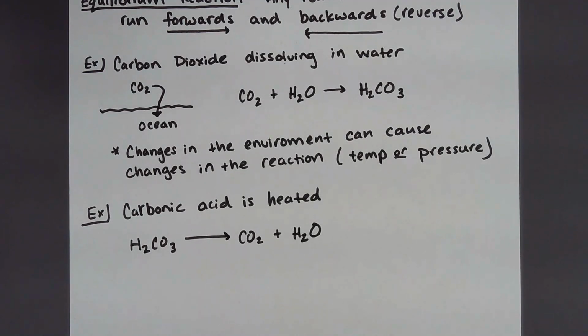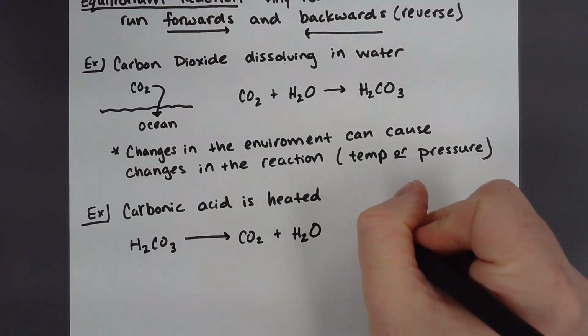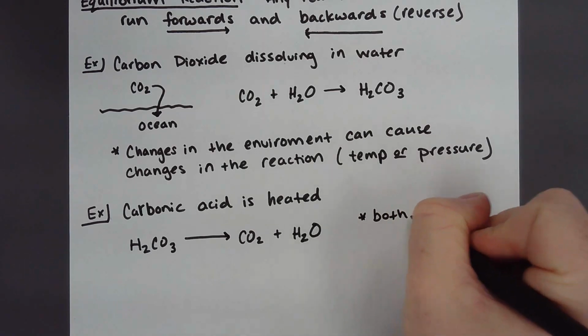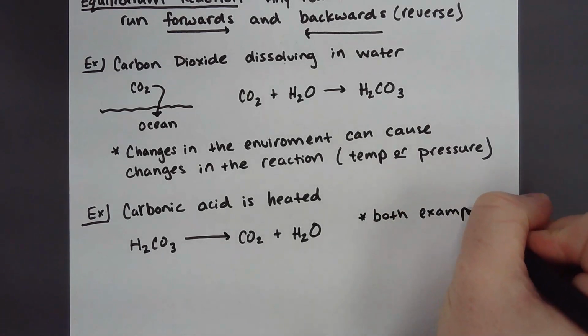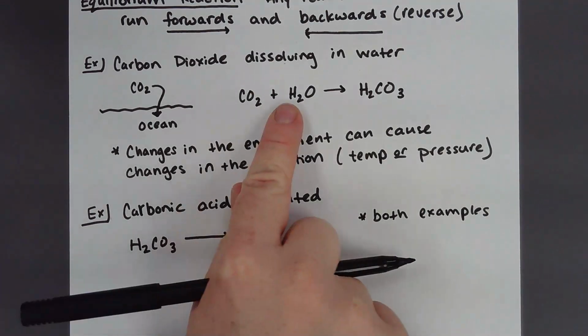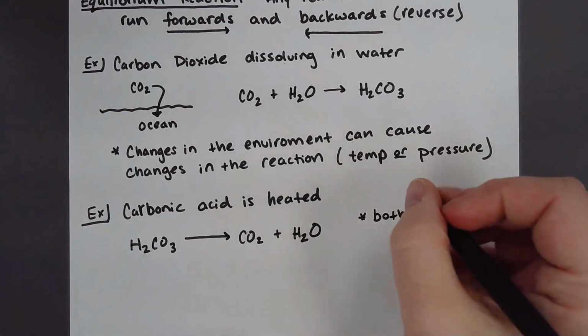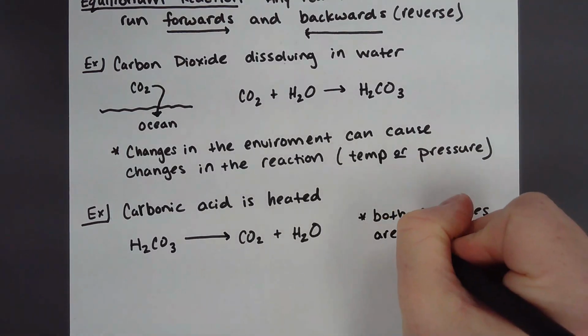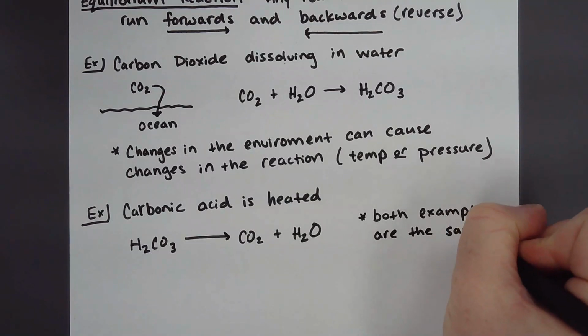Now, you should notice something. These are the exact same reactions. Chemically, they're the same chemicals. We have CO2 and water on one side, and we have carbonic acid on the other. So they're the same reaction, just reversed.